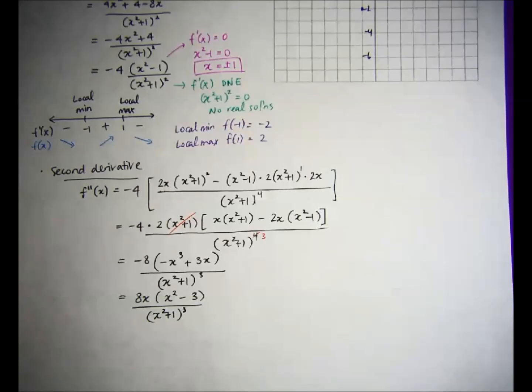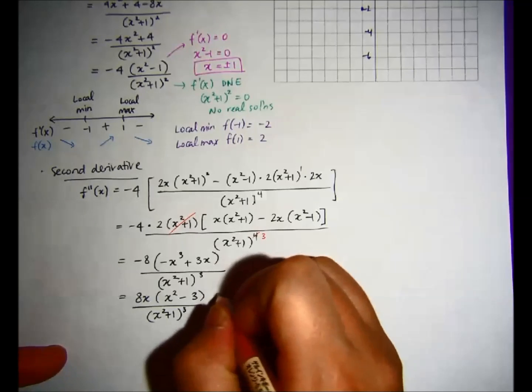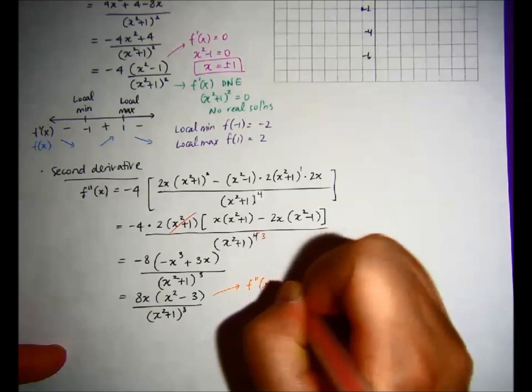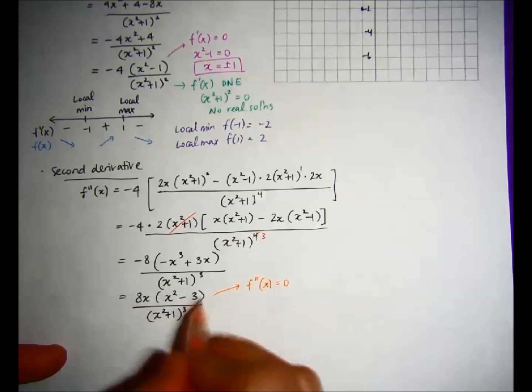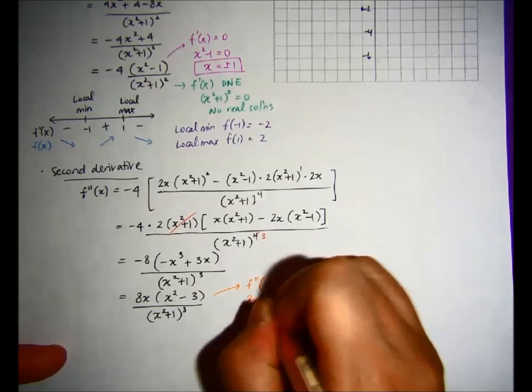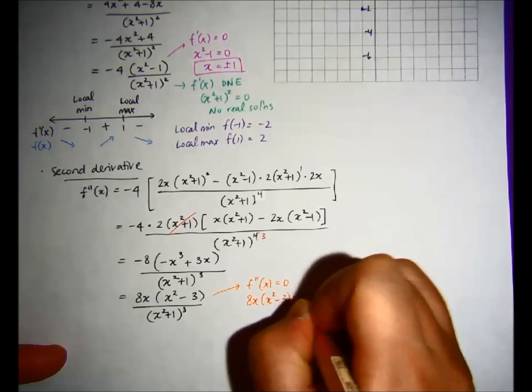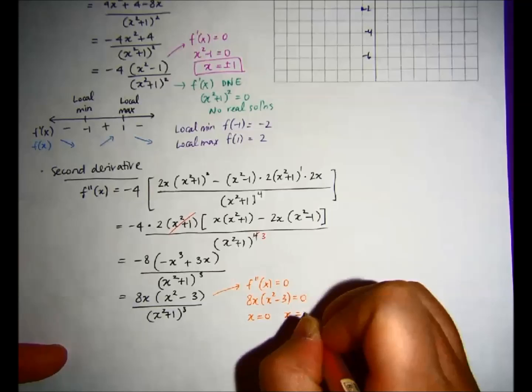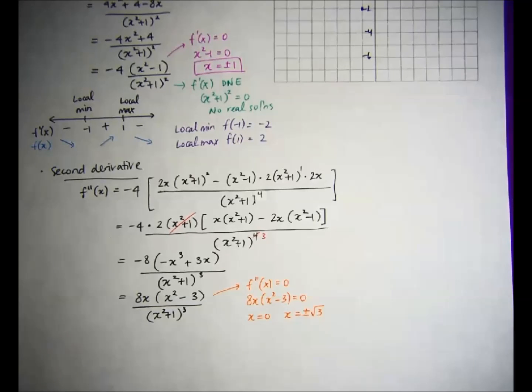And now I want to figure out where the second derivative is 0 and where it does not exist. So the second derivative will equal 0 when the numerator is equal to 0. So 8x times x squared minus 3 equals 0. So that means I will have 3 points, at x equals 0 and at x equals plus minus root 3.